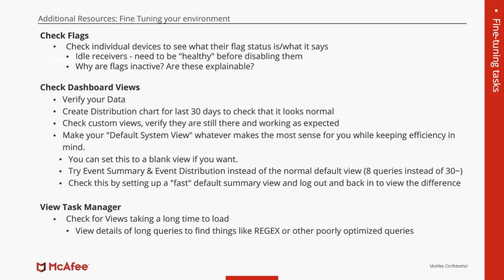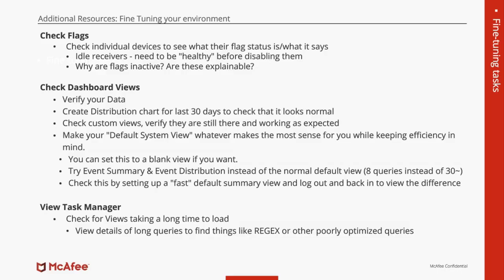The first thing we want to do is check our flags. Check all of your individual devices to see what their flag status is, highlight it, go into active flags, and see what's going on with them. If you have a bunch of idle flags for receivers, and maybe they should be idle because you're disabling them, it's usually a good idea to clear those idle flags out, or else they'll always display as idle, which can be kind of annoying.